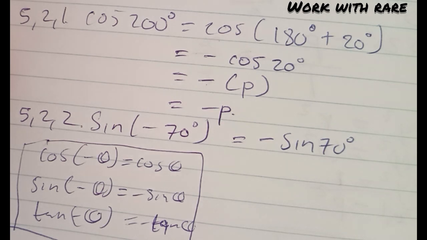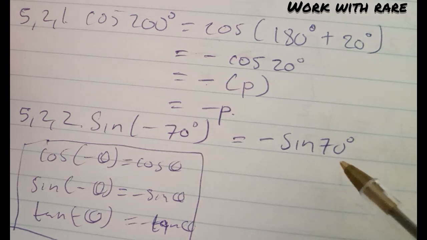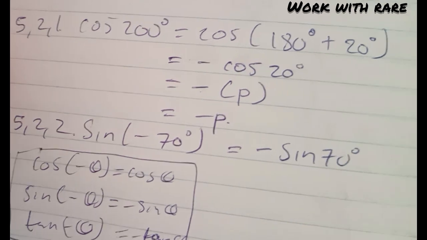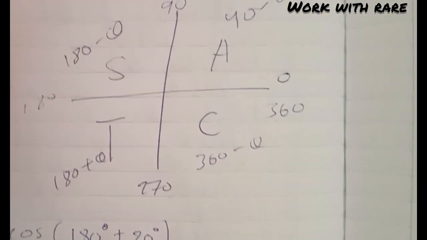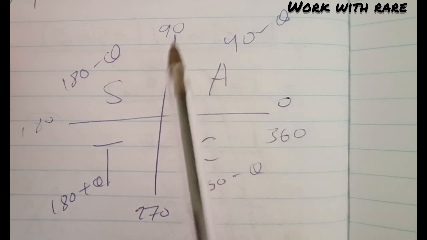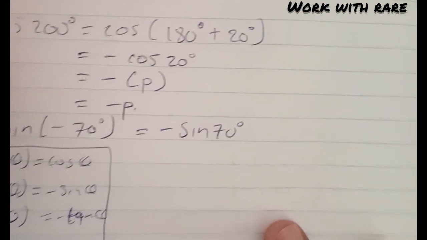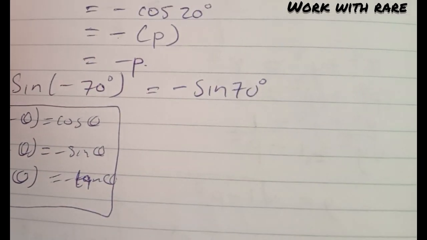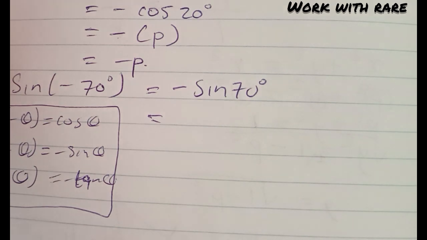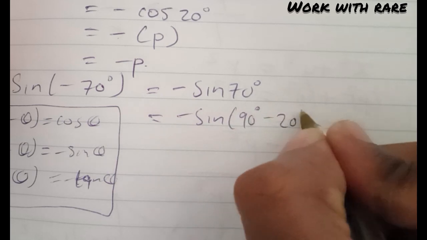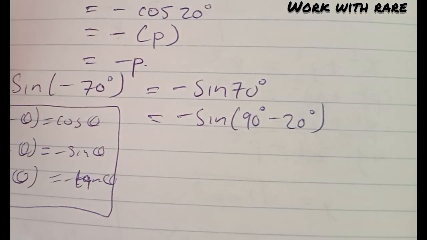Okay, so the next step, since here we have 70 and 70 is between 0 and 90, here I will use 90 minus, you see, right? So here I'll have to say negative sine of 90 minus 20 because it gives me 70.